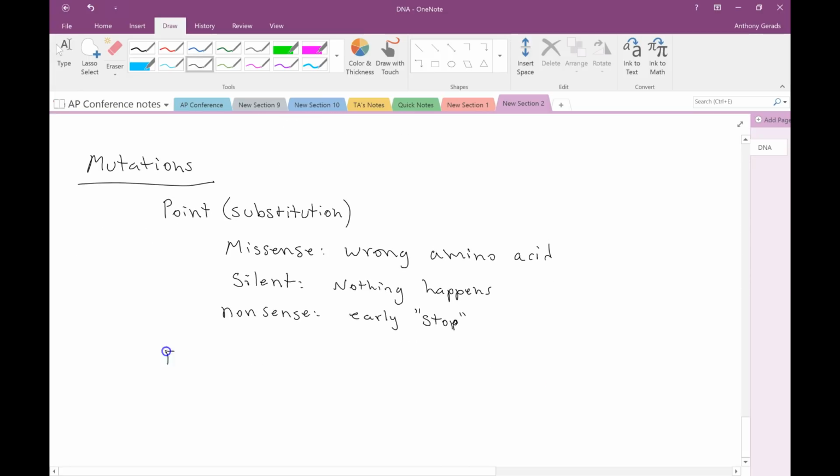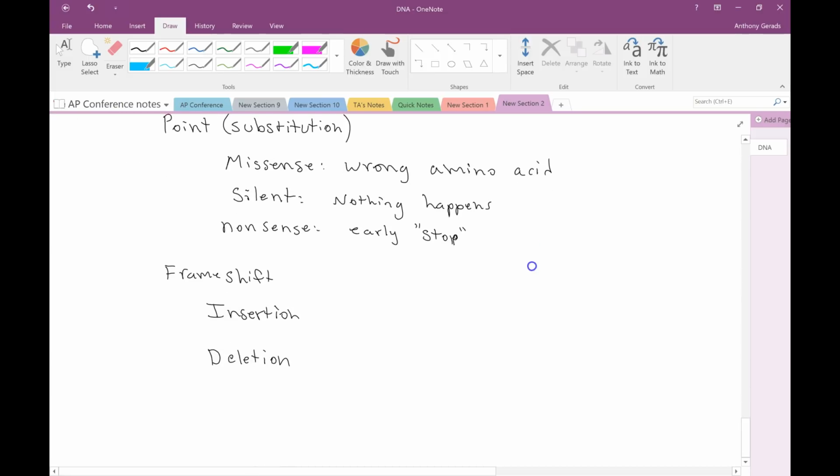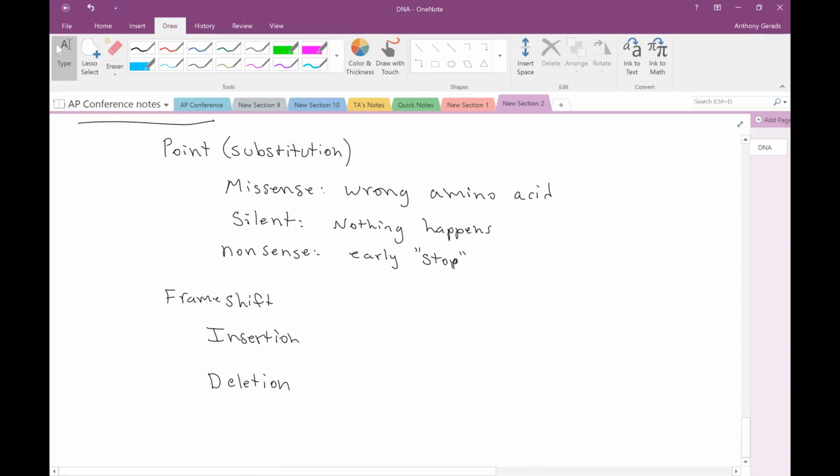But then we can also have frameshift mutations. Frameshifts are insertion and deletion. We insert a nucleotide or we delete a nucleotide. I feel like those are pretty self-explanatory based on their names. A missense can be bad or neutral, so I'm just going to put an I-don't-really-know face.